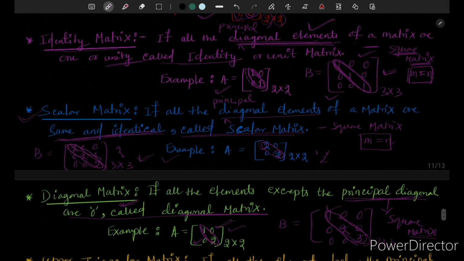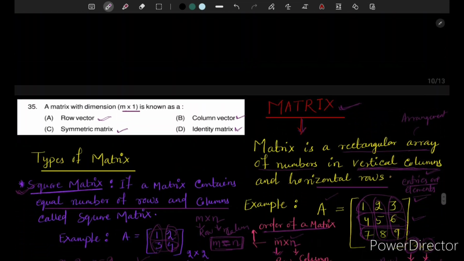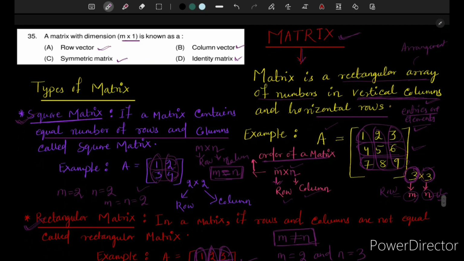So let's come to the question. We have a matrix with dimension, that means order m by n. I have already told you that the order of a matrix can be written as m by n. The first number in the order is the number of rows, and the second number is the number of columns.